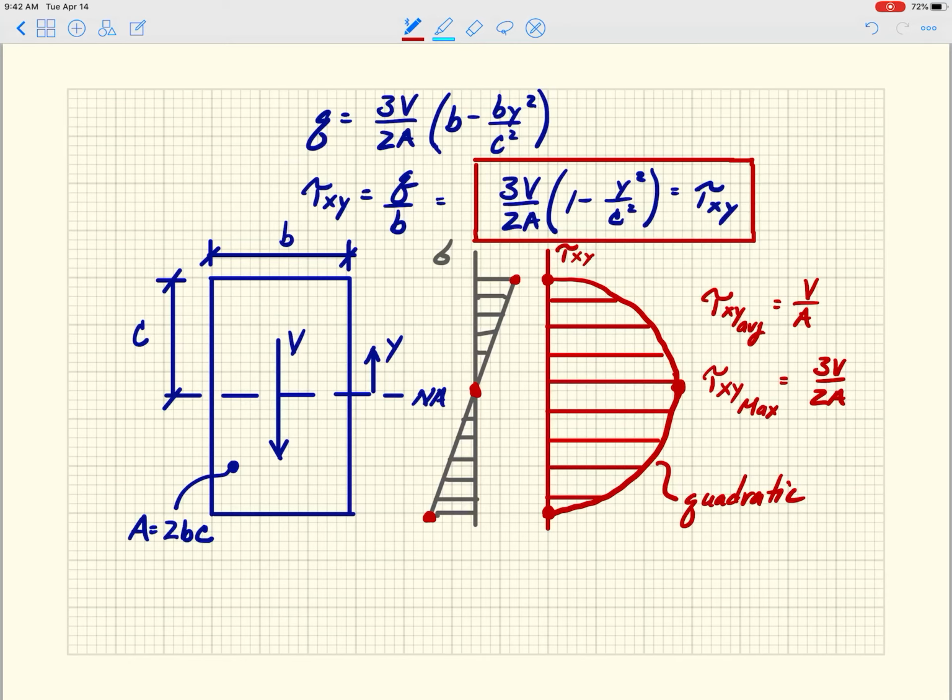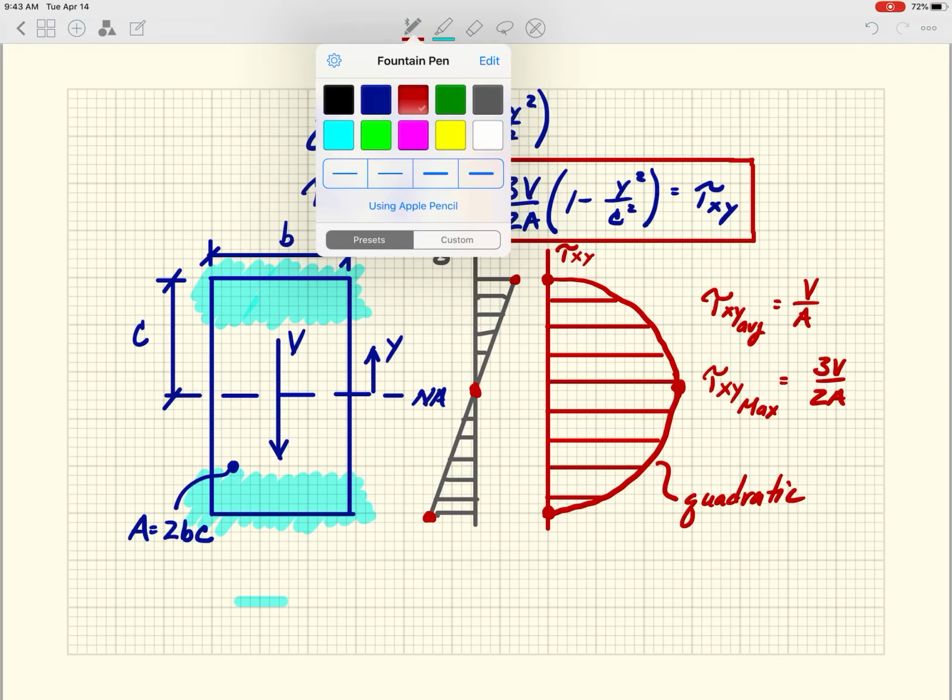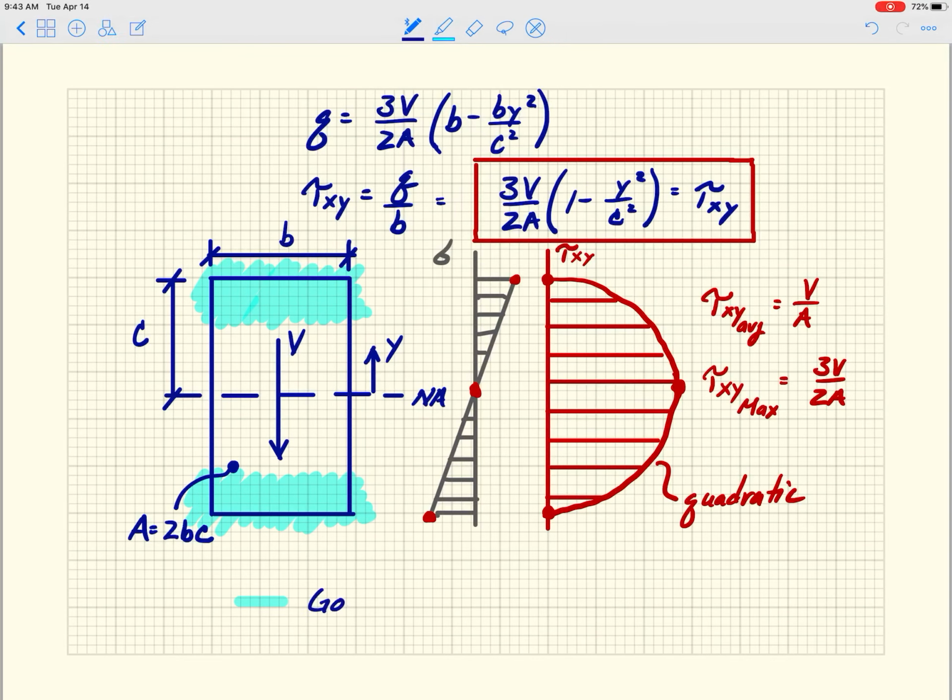What it generally means, and we'll get into this more in the future lectures, particularly when we start talking about I-beams and vertical shear stress distribution in an I-beam, is that, and I'm going to do this in a gross manner, these regions here, far away from the neutral axis, are going to be governed largely by flexure.